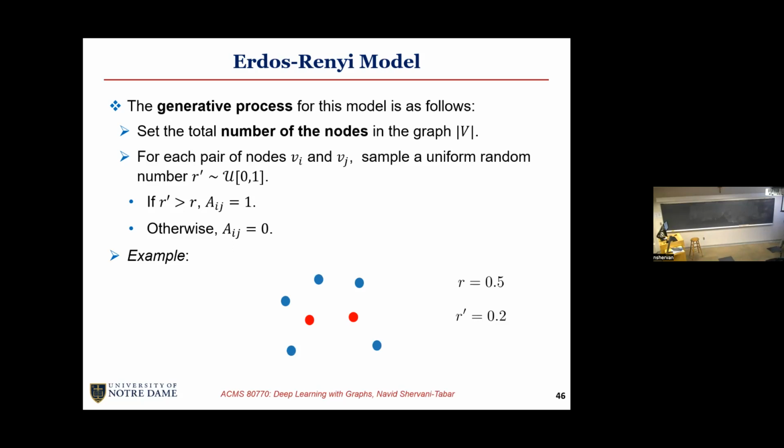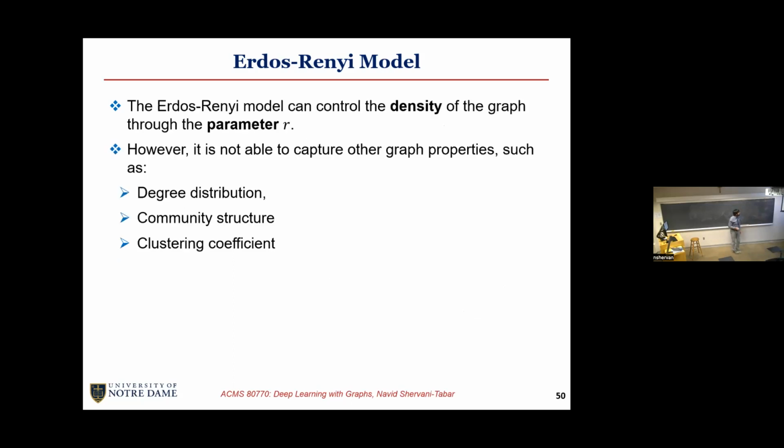So it's smaller than 0.5, and there's not going to be an edge connecting these two. We move forward to the next pair. We see that the random number that we sampled is 0.7, larger than 0.5. So we're going to have an edge connecting these two. And we're going to continue that until we are done with all the pairs of nodes in this graph.